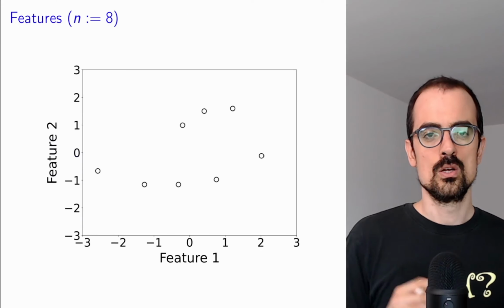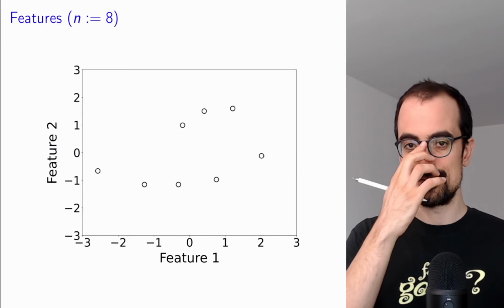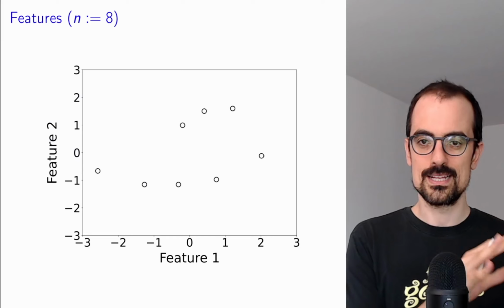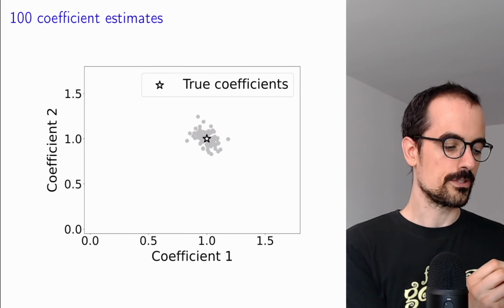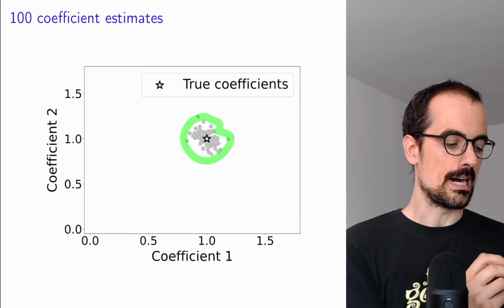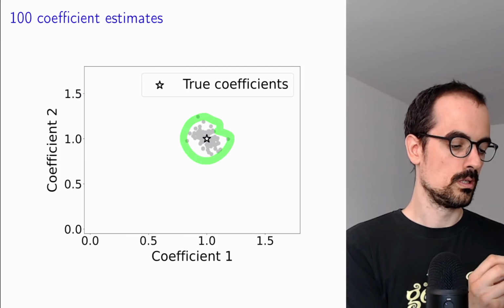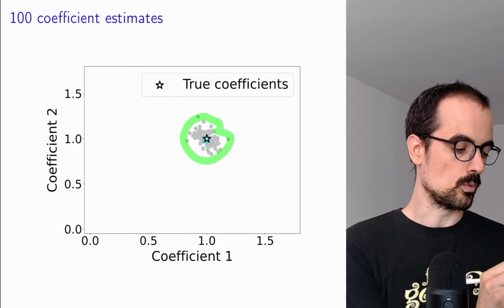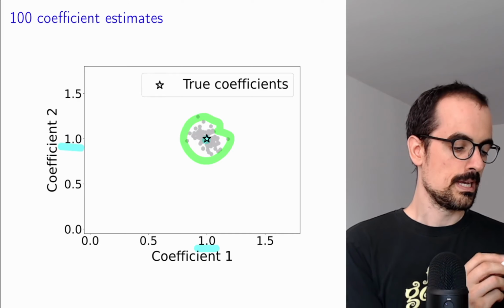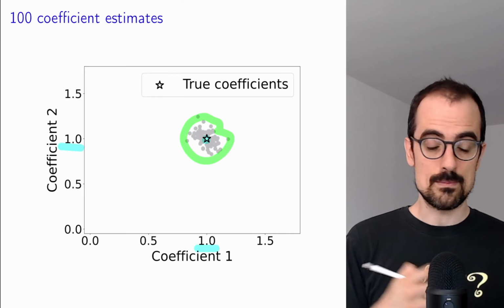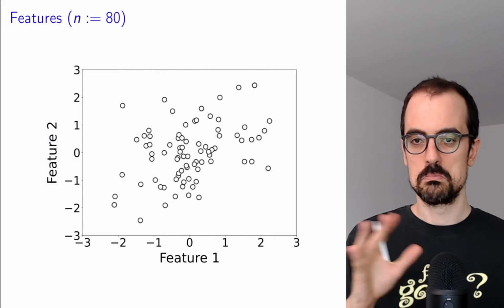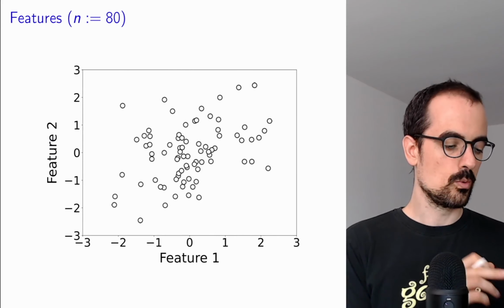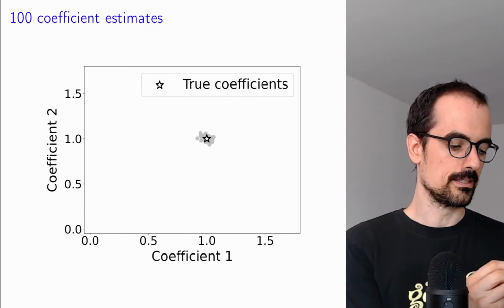So first, this is an example with a relatively small number of data, but things are not collinear. And what we observe is some variance around the true coefficients, which are at 1, 1, as I said before. If we increase the number of data and keep things not collinear, then suddenly we're going to observe much less variance.